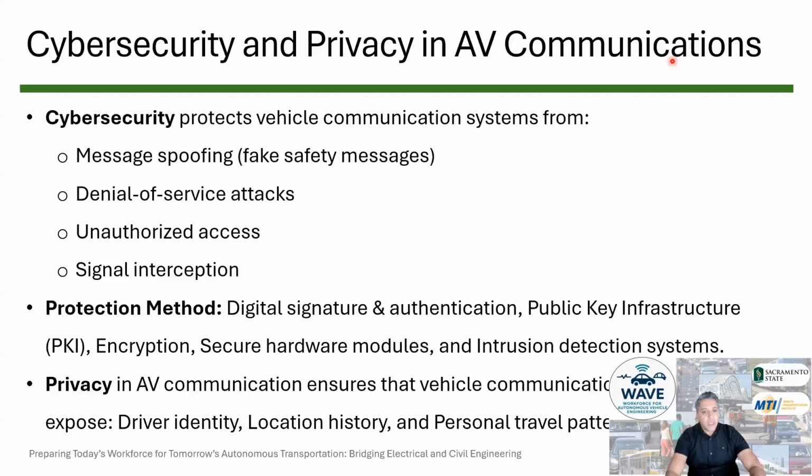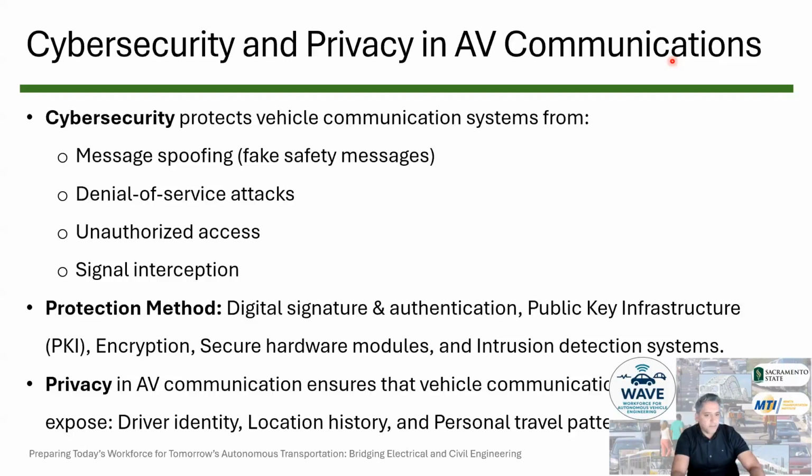Now, for protection, there are many methods, like digital signature authentication, public key infrastructure, encryption of the data which is exchanged, secure hardware modules, and intrusion detection systems. So these are protection methods available right now.